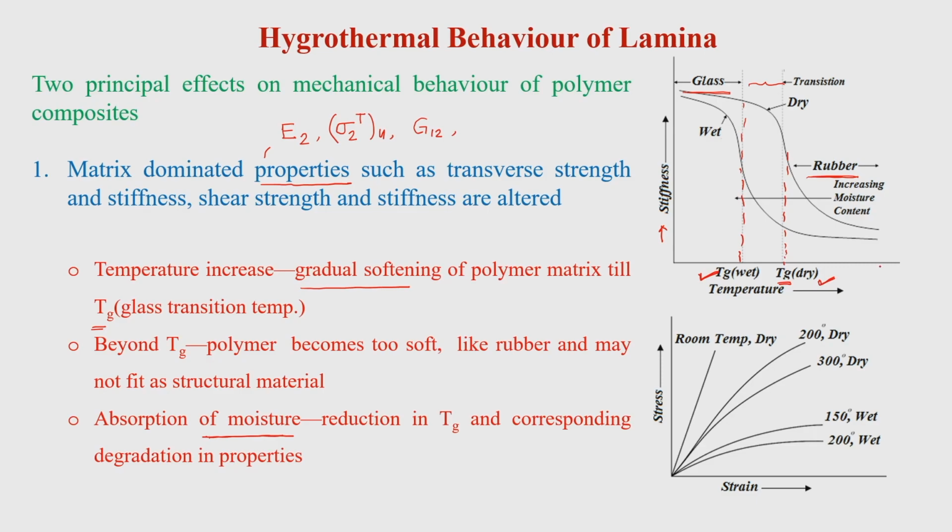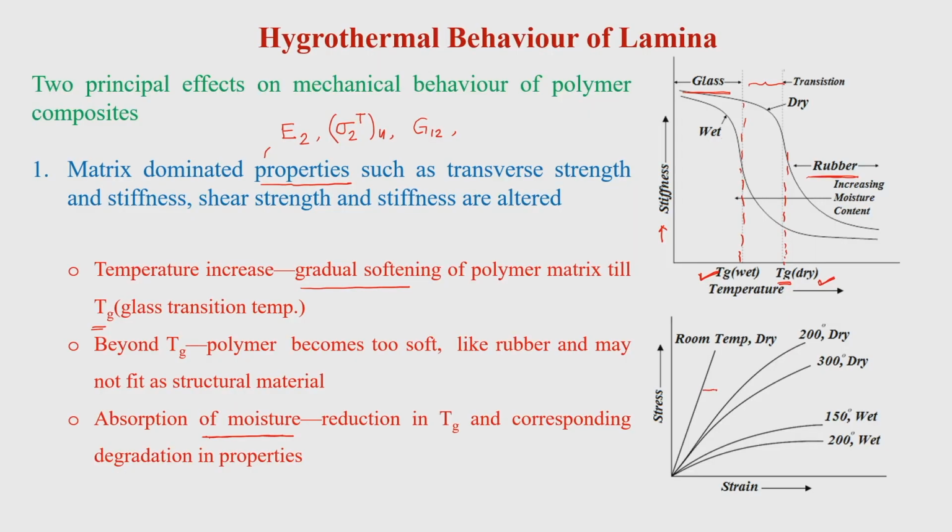Because beyond glass transition temperature the polymer is too soft to be used as a structural material, the operating or service temperature is kept well below the glass transition temperature, and when it absorbs moisture, the glass transition temperature decreases. It is seen that these polymers are highly sensitive to absorption of moisture; sometimes a 3 to 4% absorption of moisture leads to around 15 to 20% reduction in glass transition temperature.